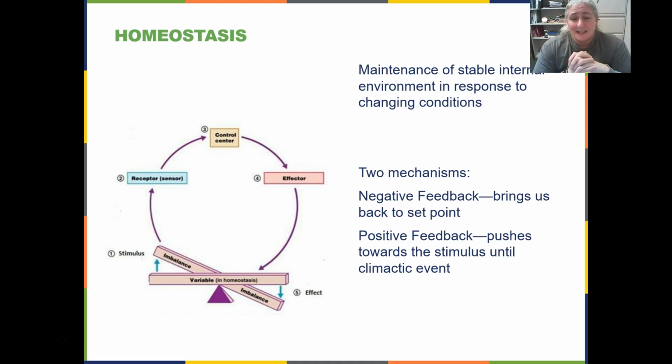And then that information is going to move to an effector. The effector is going to be muscle or glandular tissue that will bring about some change. So anytime you are not in homeostasis, that's what this imbalance bar says, the receptor picks up that change, sends it to the control center, which sends a message to the effector that will bring about a change to bring you back to homeostasis.